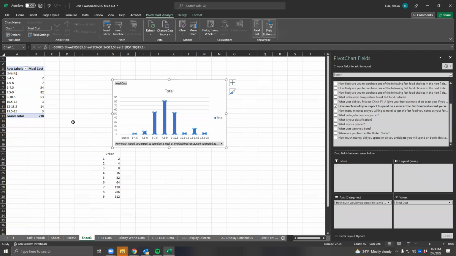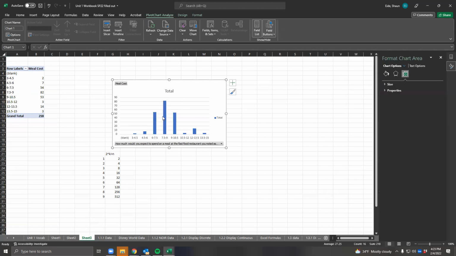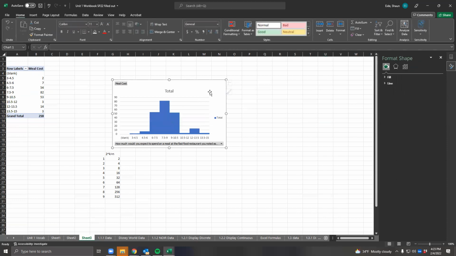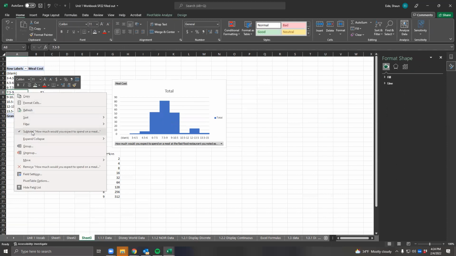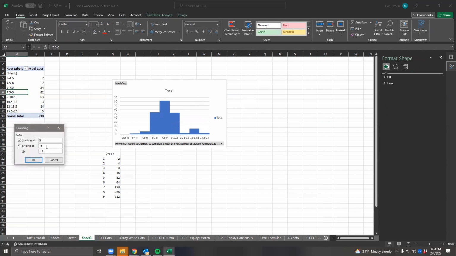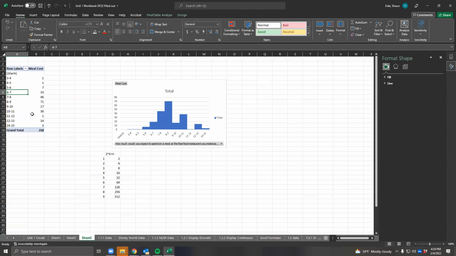And another thing is when you do this, this should be a histogram. So I'm gonna click on this. Let's see, click, and gap width is going to be 0. And so now we have a histogram, but it would change if, let's see here, group by 1. Okay, 1 looks a little weird.